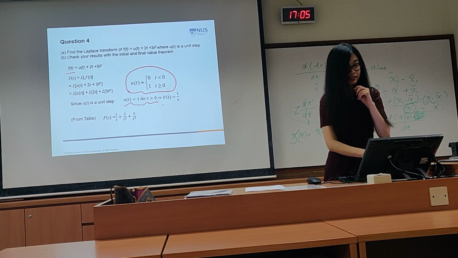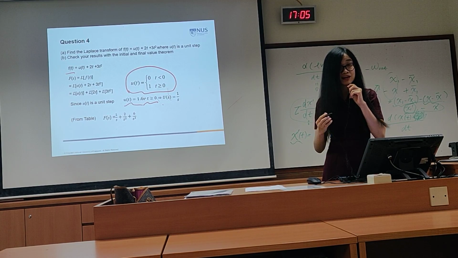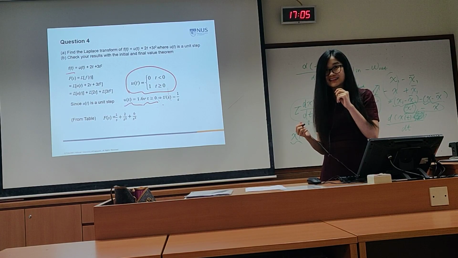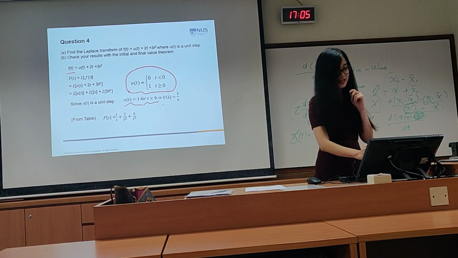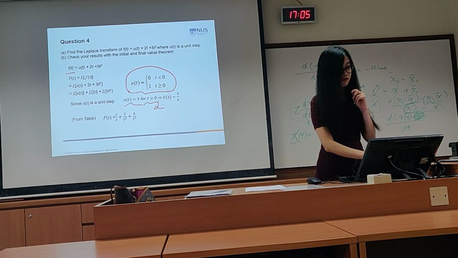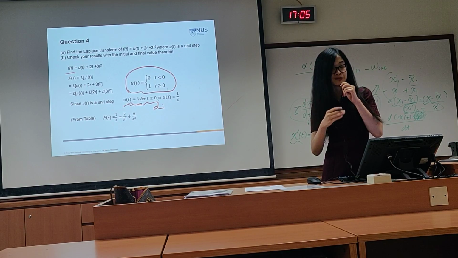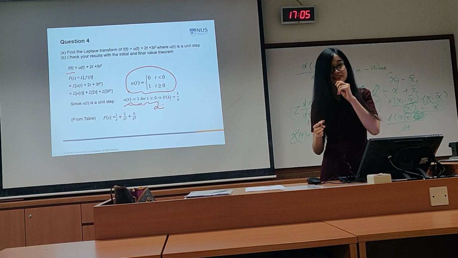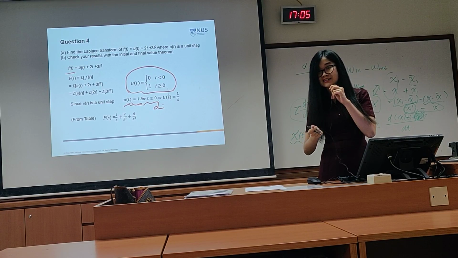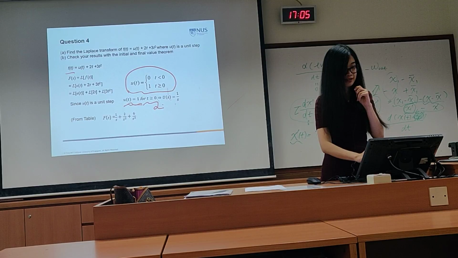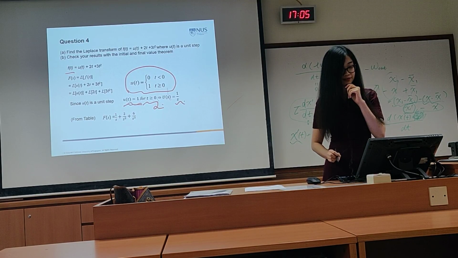So when t is equal to or larger than 0, we can just write u(t), the input, to be 1, the unit value. And if we do a Laplace transform of a constant of 1, when you transform it to Laplace space, it just becomes a constant over s. So this is the first item, we got 1 over s.